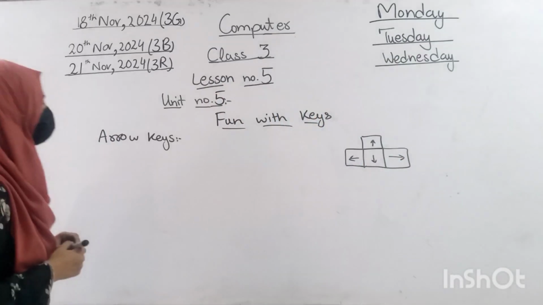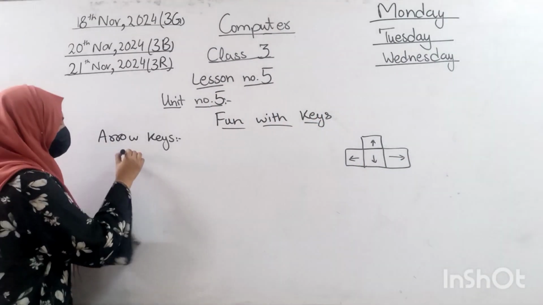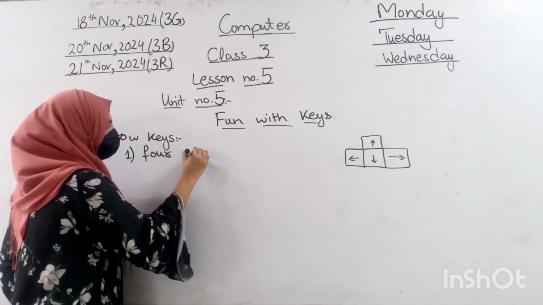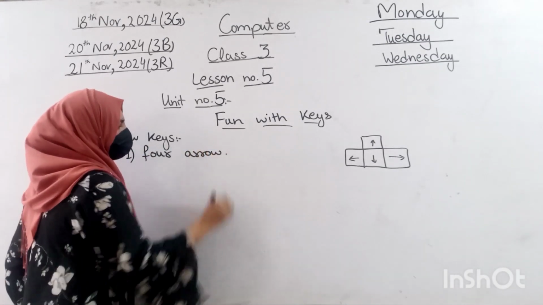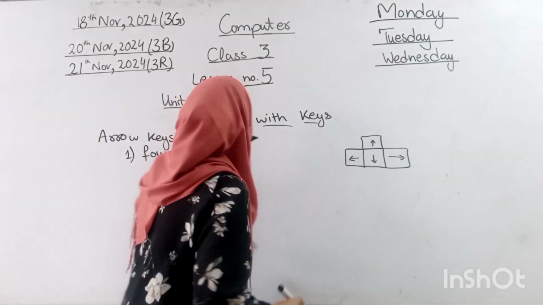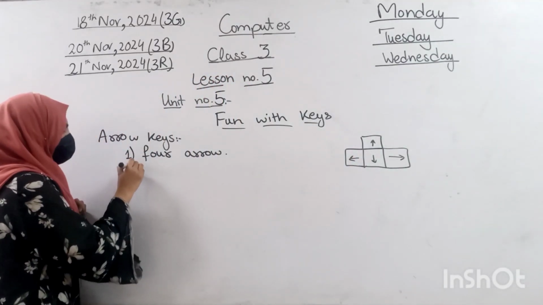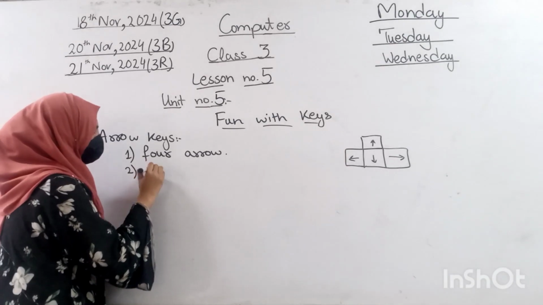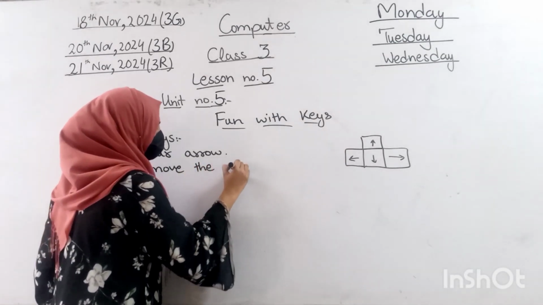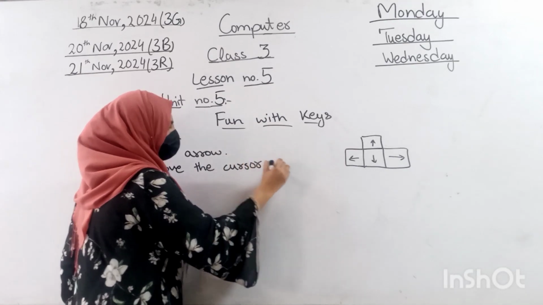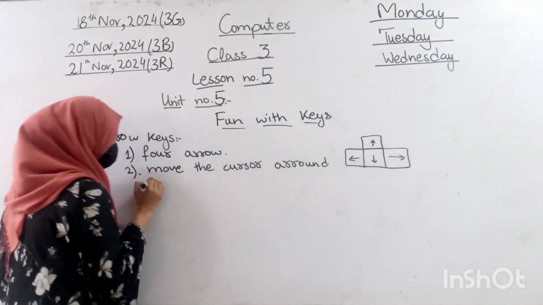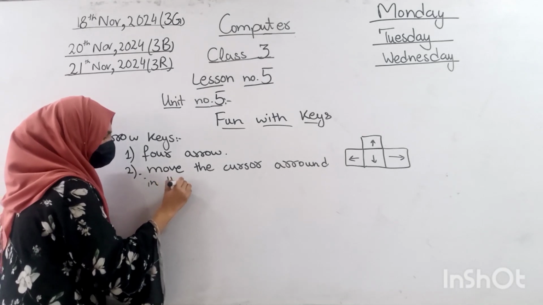So we have four arrow keys on the keyboard: left, right, bottom, and top. The arrow keys are used to move the cursor around in the word document.